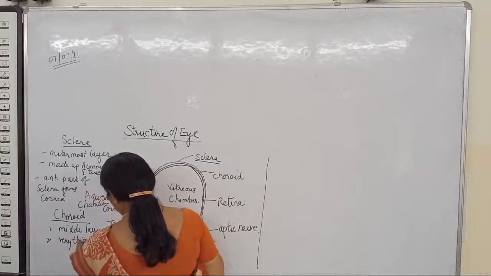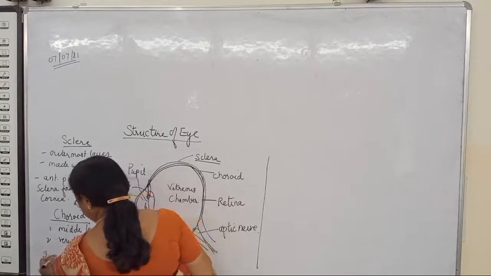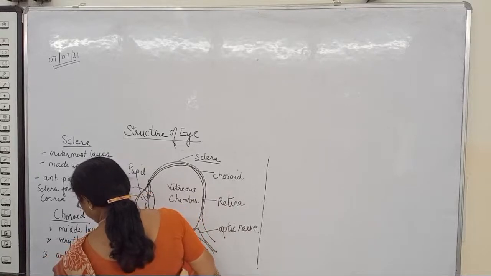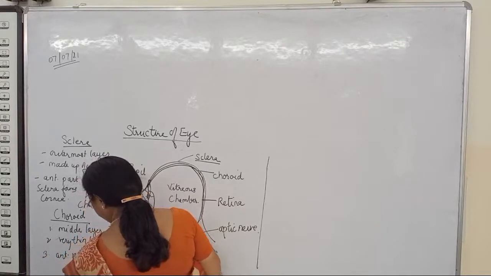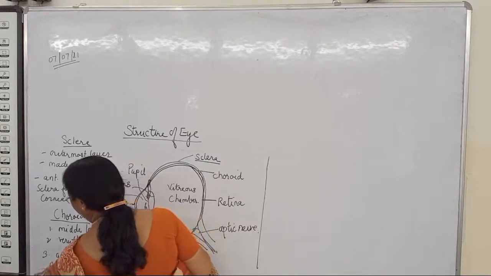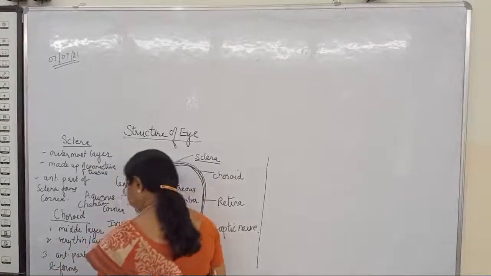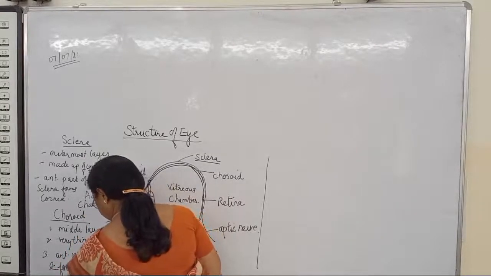Mostly it is a thin layer, but its anterior part is thick and forms the ciliary body.